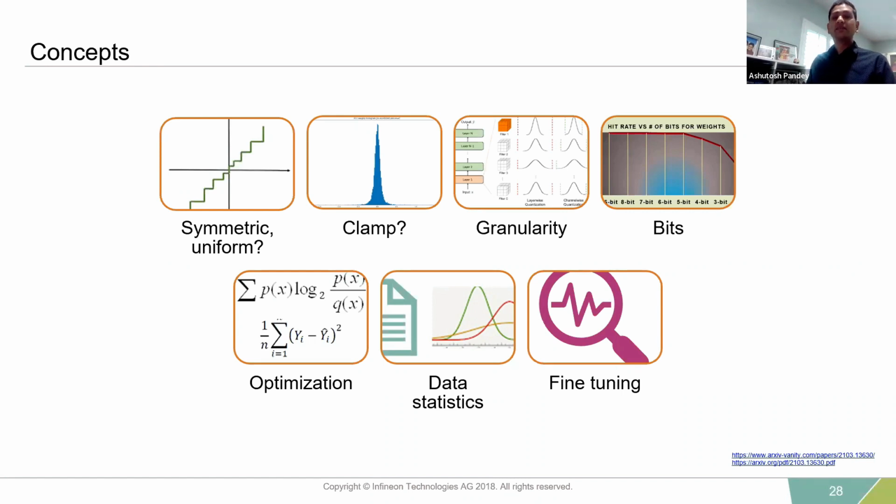Whether it's symmetric, how do you clamp it, whether you do per axis, per channel, which are the same thing, per channel versus per layer, how many bits to use, what optimization to use, how to get data statistics, and then how do you do the fine tuning, which will come in a bit, which refers to quantization aware training and things like that. There are a couple of papers I've listed in the corner that have a very good review of all these things.